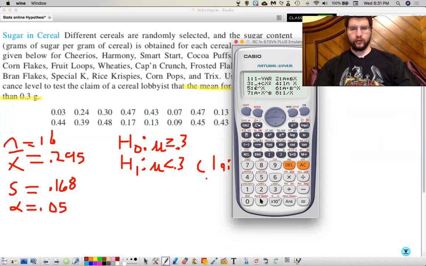Go to mode 3, one variable, type it in. And 0.43 lastly.